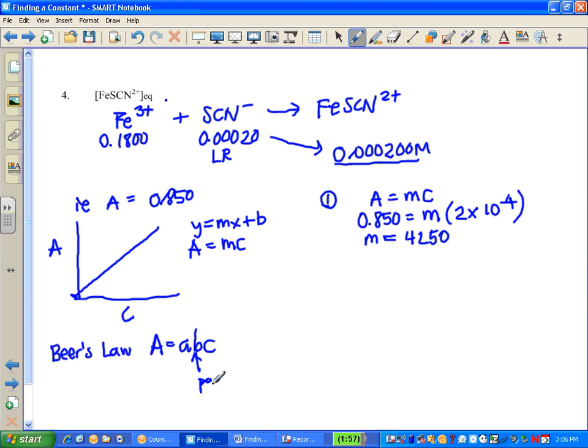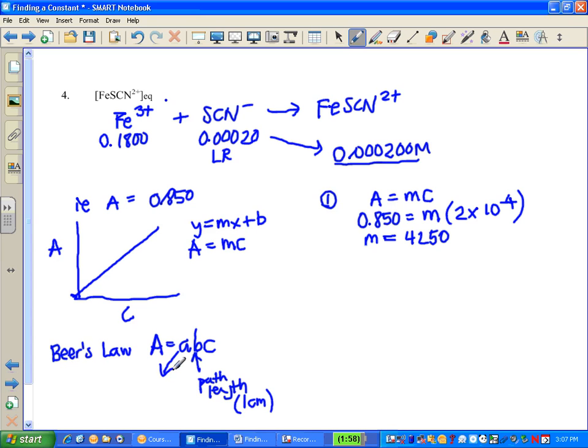B in this case is the path length, which means it's the length of the path that the light needed to travel through. In our case, it's 1 centimeter. The cuvette is 1 centimeter squared.